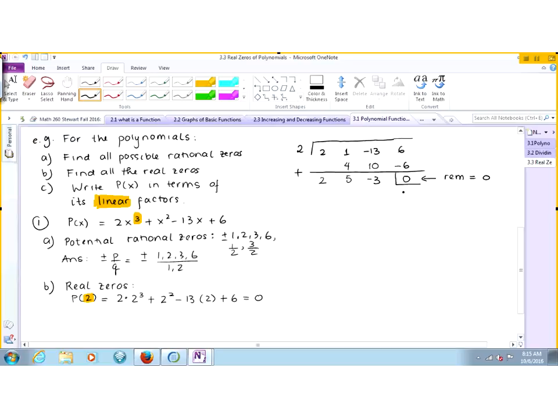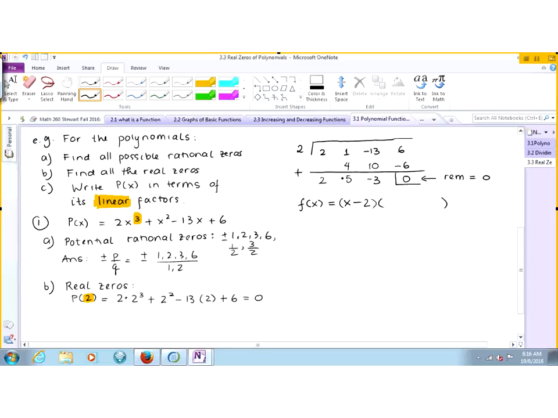Now I'm going to rewrite f of x as the product of its factors, but this is not linear. So f of x is equal to, how do I write these zeros as the factor? What am I supposed to write here if this is my zero? x minus 2.